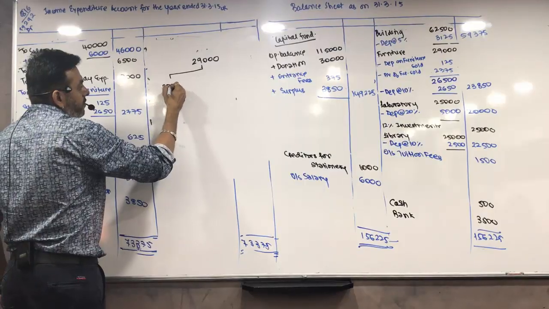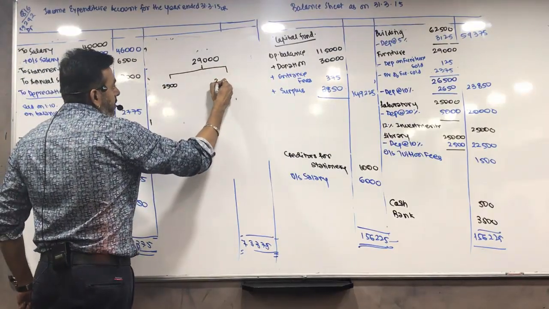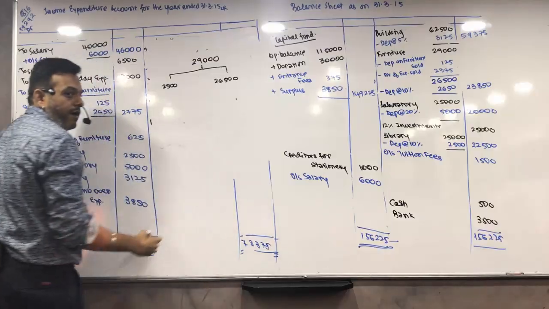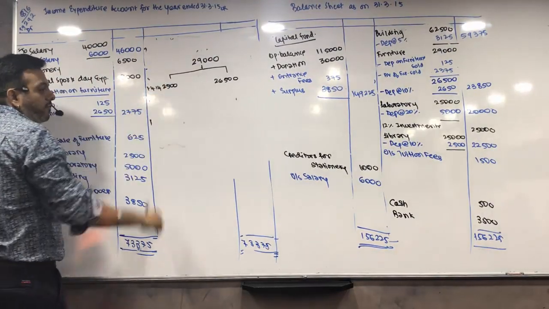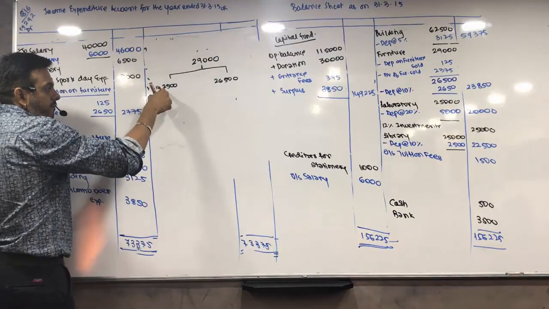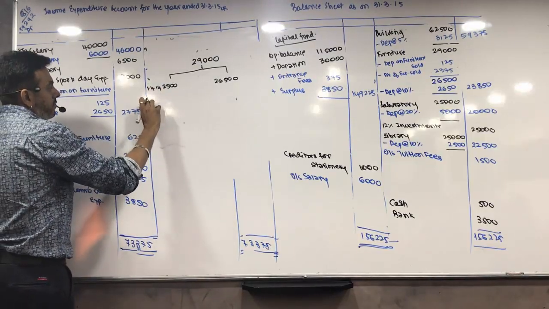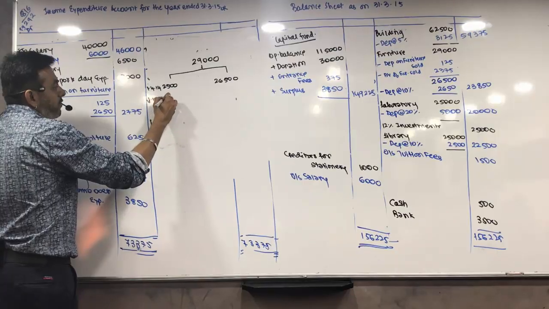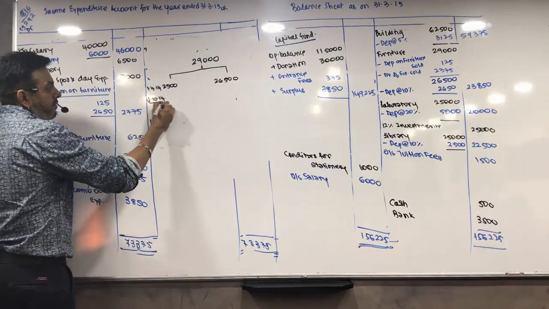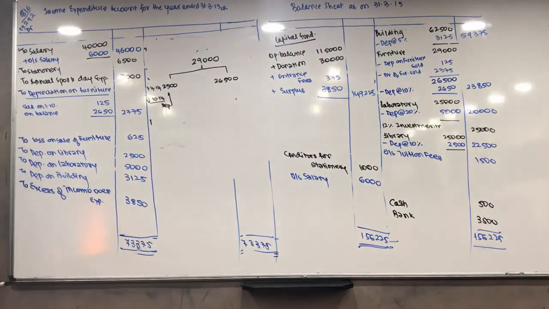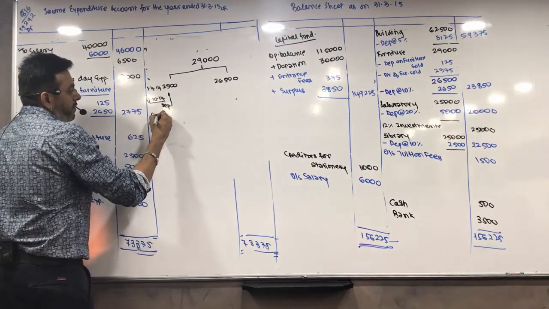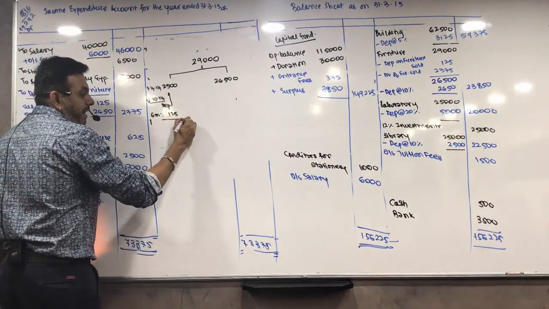One is 2,500 and other is 26,500. This is the balance as on 1/4/2014. This furniture we sold on 1/10/2014. The first thing is we have to provide depreciation on this because we have used it for 6 months. So its depreciation for 6 months comes to 125.